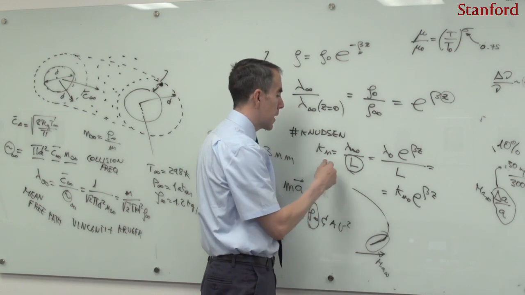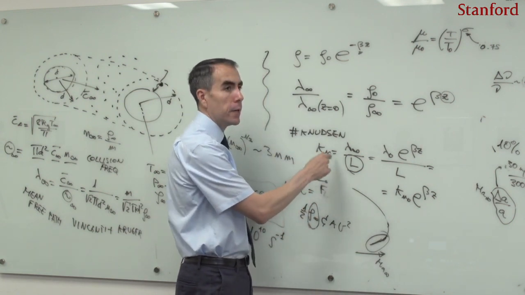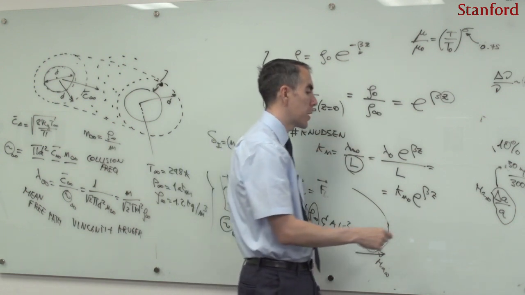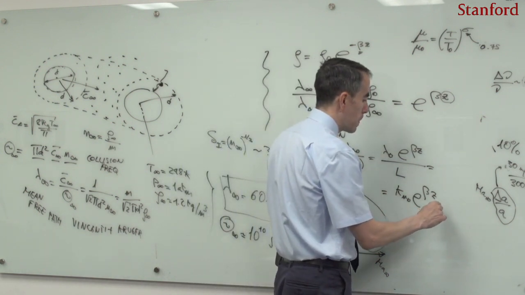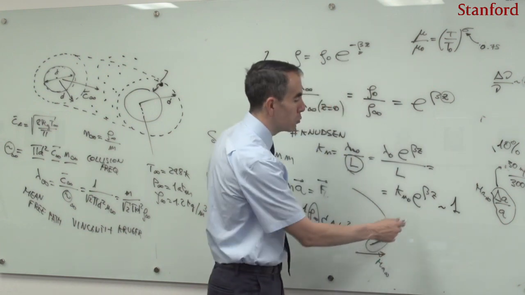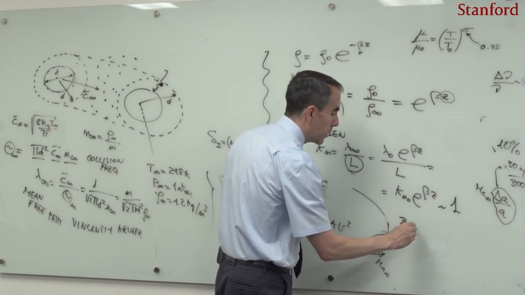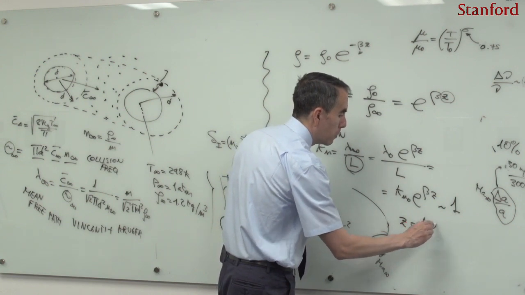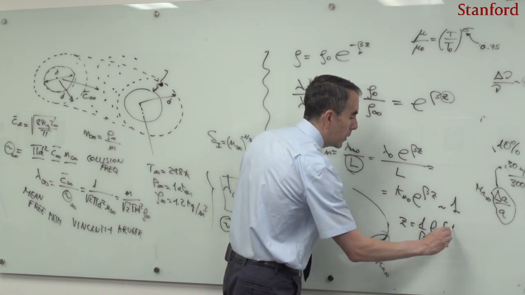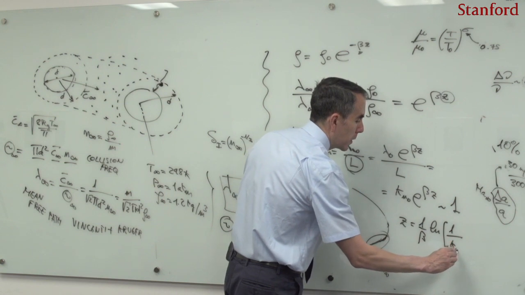So let's say that I want a Knudsen number 1, right? I want a Knudsen number 1 to see at what altitude the flow will become rarefied. So if this is 1, the only thing that I need to do is to obtain here the critical altitude. This critical altitude is going to be 1 over beta multiplied by the logarithm of 1 over the Knudsen number at sea level.